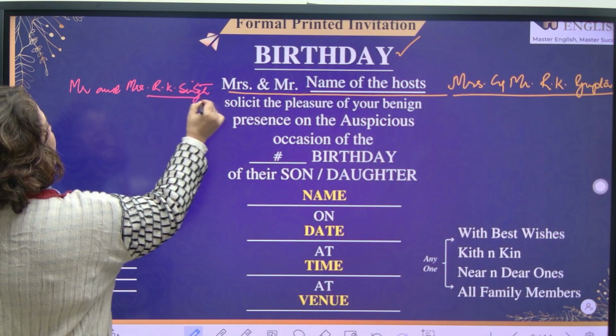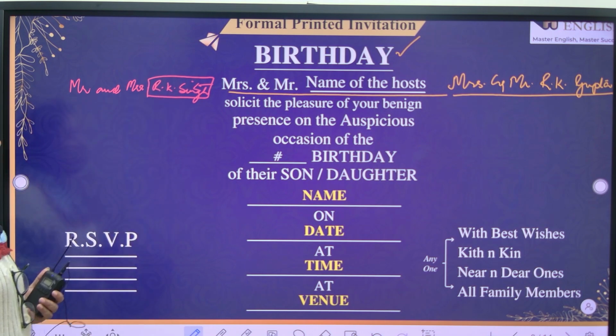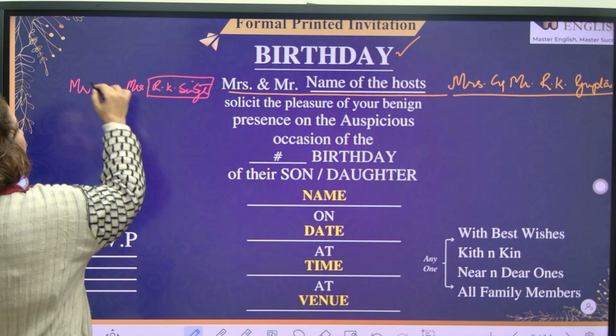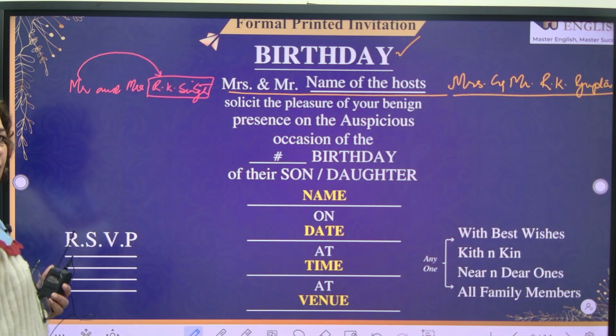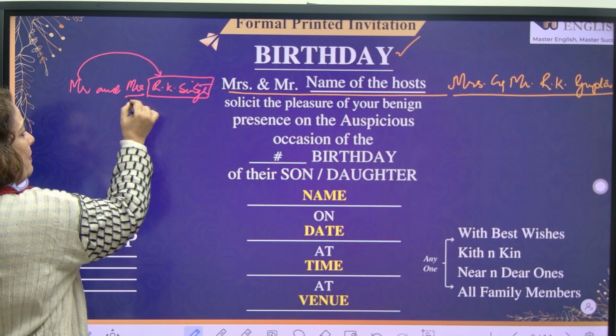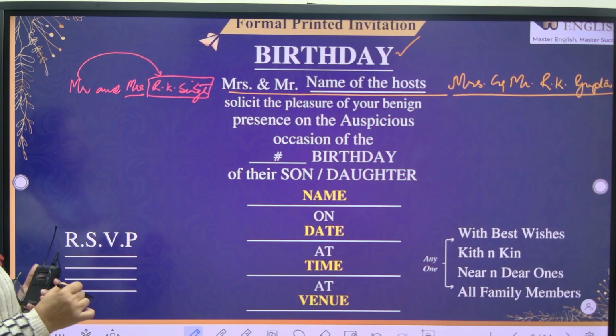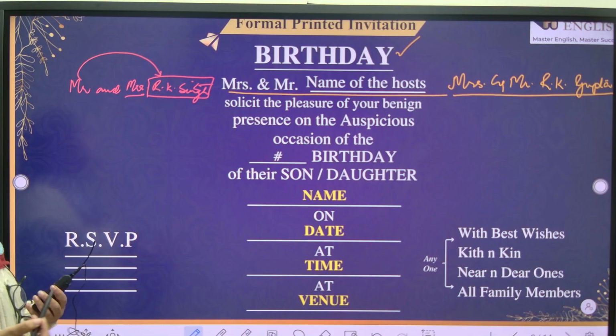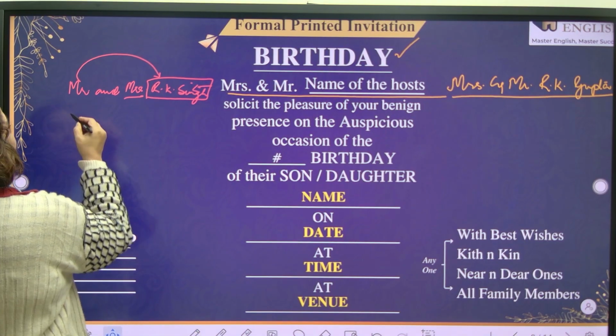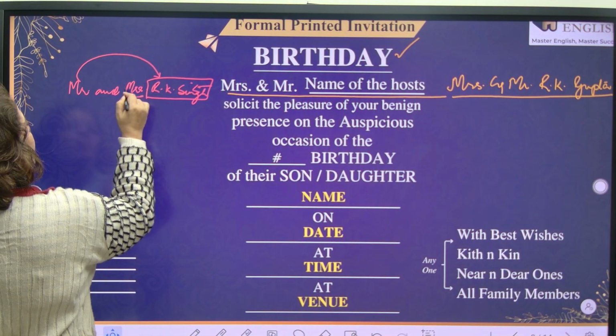You see, the complete name has been given. Okay, this complete name belongs to this person. The lady's name is not Mrs. R.K. Singh. It is the man's name, that is Mr. R.K. Singh. So what you have to do, you will not write Mrs. here.